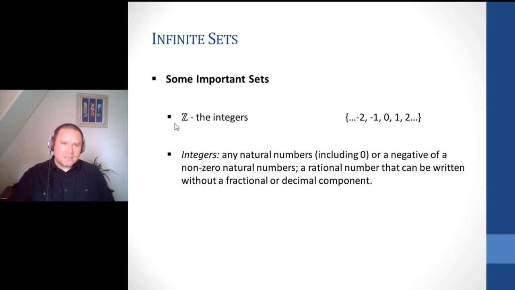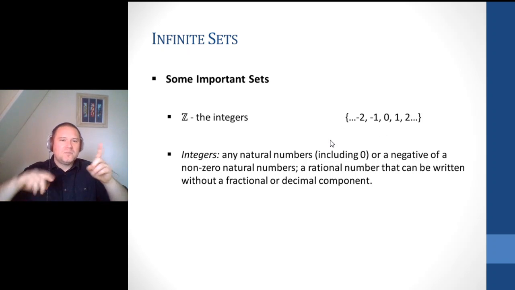We can introduce set Z, or Zed if you're feeling British. Z is the set of the integers. An integer is any natural number, including 0, or the negative of a non-zero natural number. So, in effect, it's all the naturals and their negations, their negative ones.